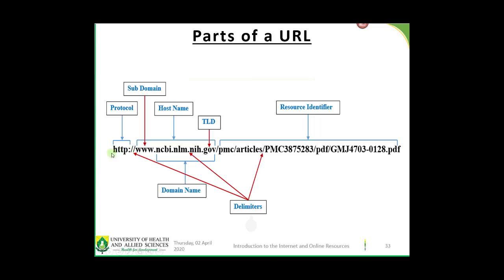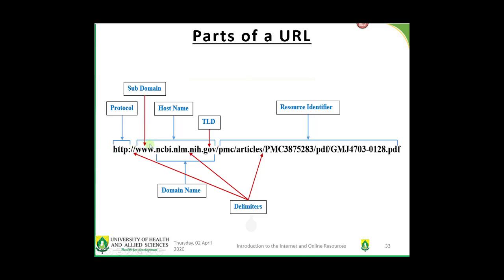In fact, HTTP is just one of the services, as we saw. There's also FTP, File Transfer Protocol. All these are means by which we access or retrieve information. But once you're using the www, you use HTTP, because www is based on Hypertext Transfer Protocol.